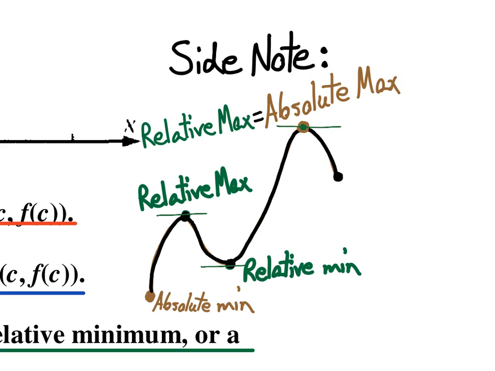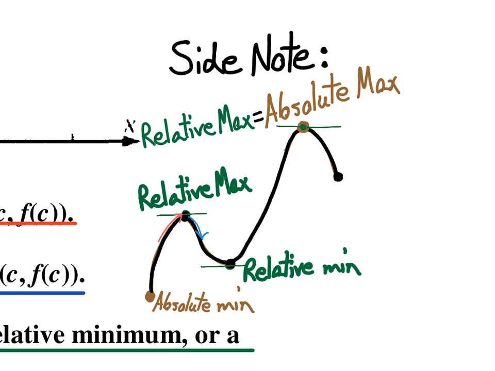Okay? So what's the difference? A relative max means that around that location, it is the highest point. All right? In other words, I am increasing as I approach it, and I am decreasing after that value for a max point.